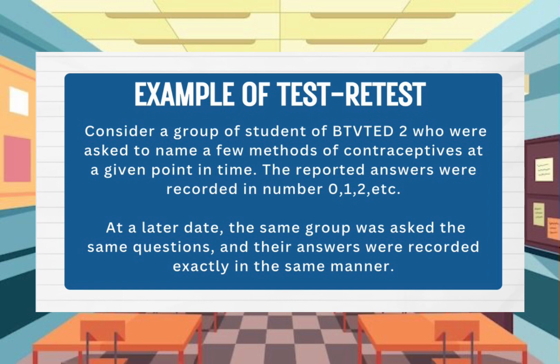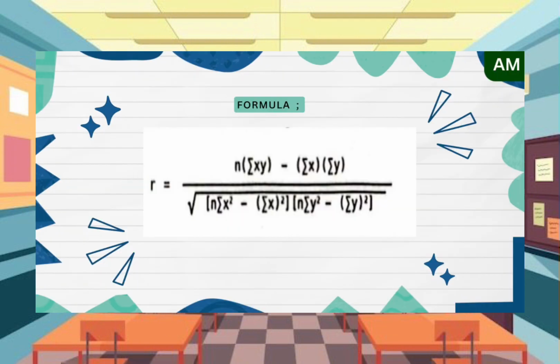Consider a group of students of BTVTEd 2 who were asked to name a few methods of contraceptives at a given point in time. The reported answers were recorded in numbers 0, 1, 2, etc. At a later date, the same group was asked the same questions, and their answers were recorded in exactly the same manner. Here is the formula for the test-retest reliability for the example stated.